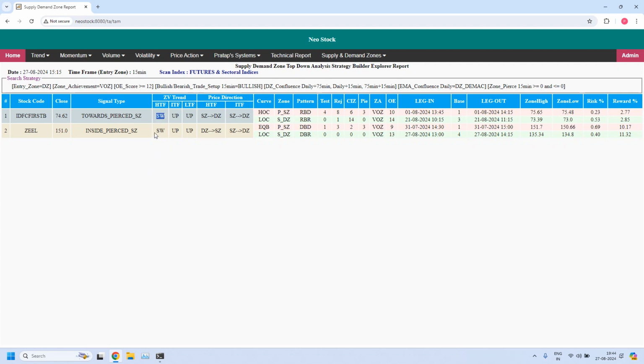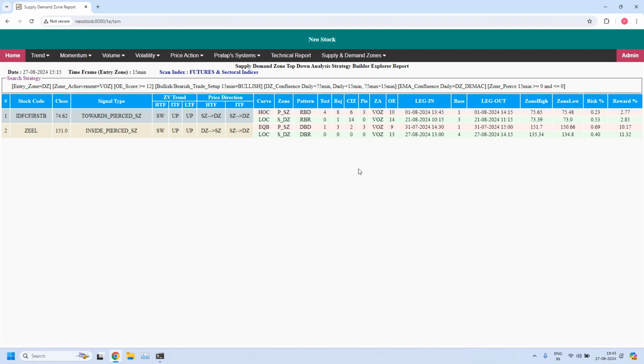In sideways market, EMA confluence verification is not a valid one. So we can ignore them. But still, they are having LTF, ITF and HTF confluence. They are high liquidity zones. That way we give priority. That way we can look for the trades, but not in terms of EMA filter.